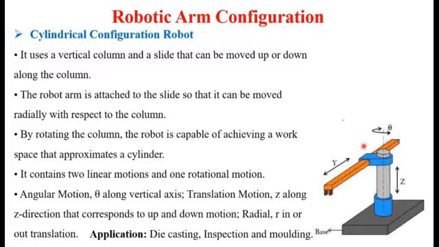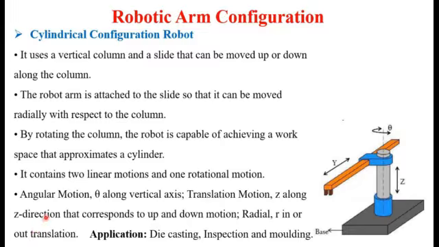Again, it contains two linear motions and one rotational motion. We can see the up and down direction, that means along the z direction, and along the y direction it can also be moved. These are the two linear directions, and it can rotate about this axis by theta. So this is the third direction.